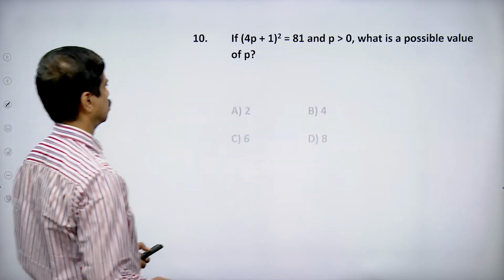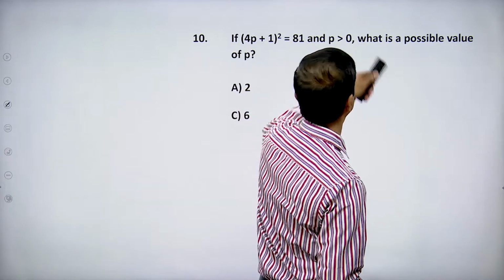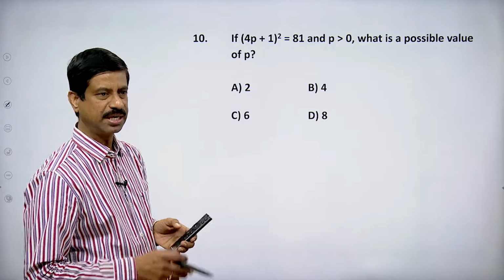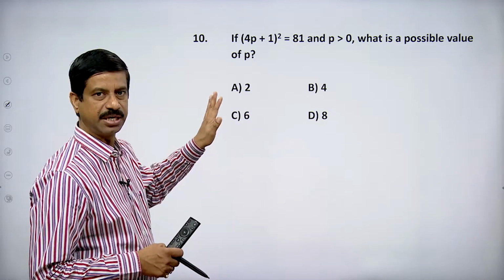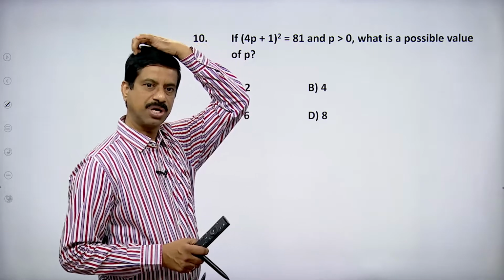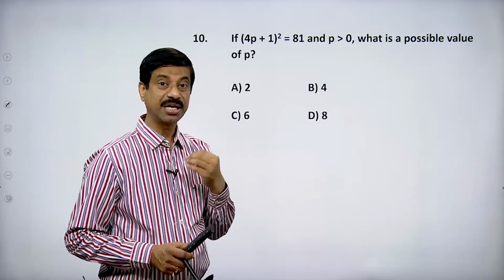Right children, let us go to the next question. 4p plus 1 whole square is 81 and p is greater than 0. What is the possible value? Children, these things we can expand and find out. But instead of that, these type of problems become simple if I substitute.